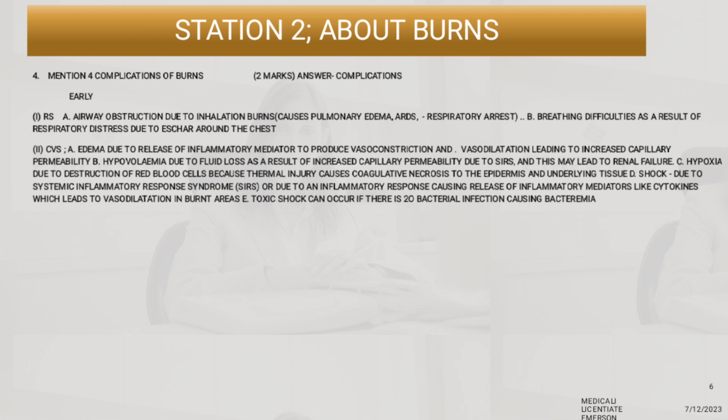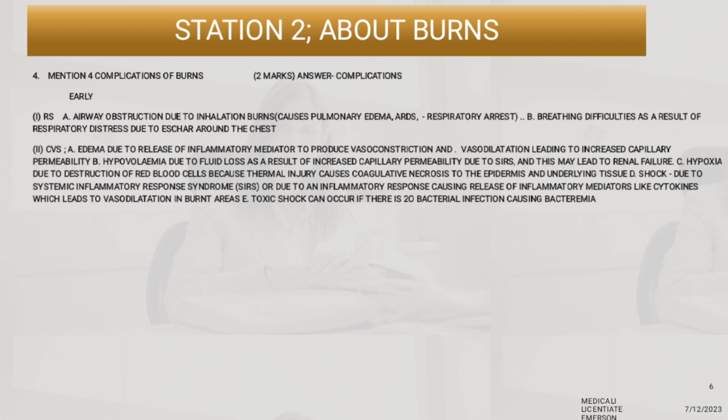Then under CVS, the complications, we can have edema due to the release of inflammatory mediators, which produce vasoconstriction and also vasodilatation, which leads to increased capillary permeability, meaning there will be extravasation of fluids from the intravascular space to the extracellular space.